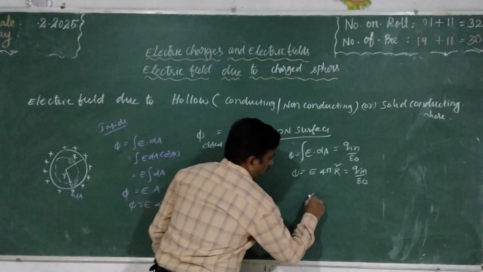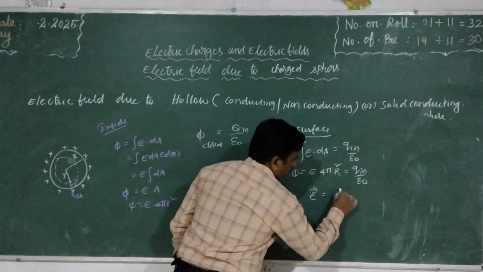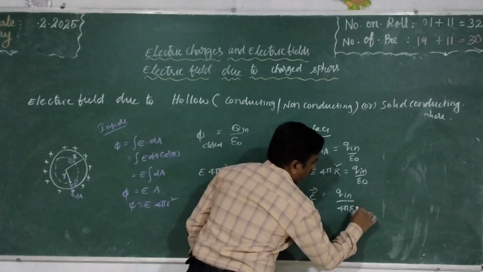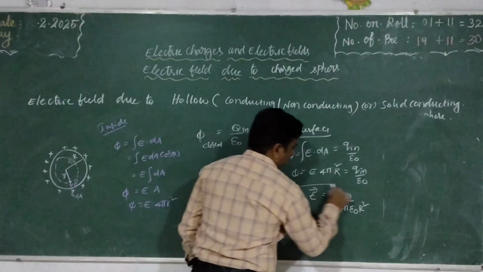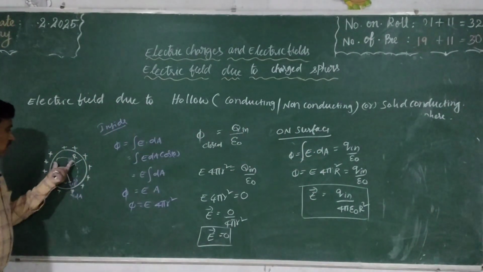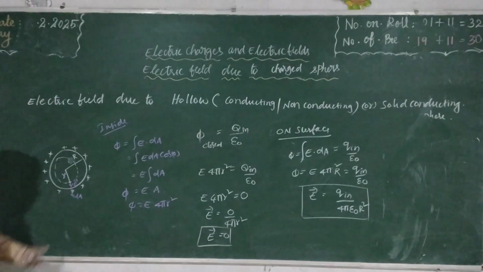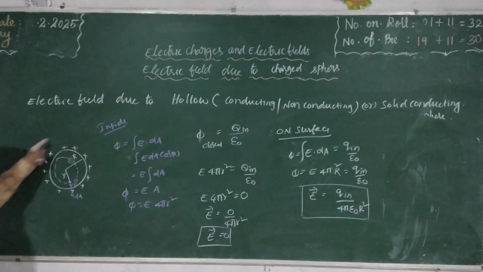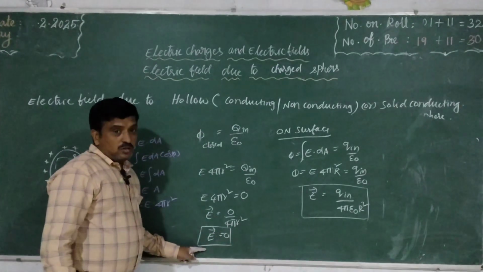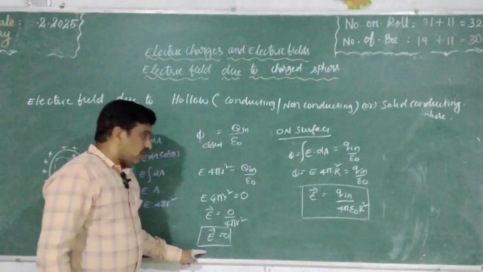So E equals q inside by 4 pi epsilon naught capital R squared. This is the electric field due to a hollow conducting or non-conducting, or solid conducting sphere, on the surface.